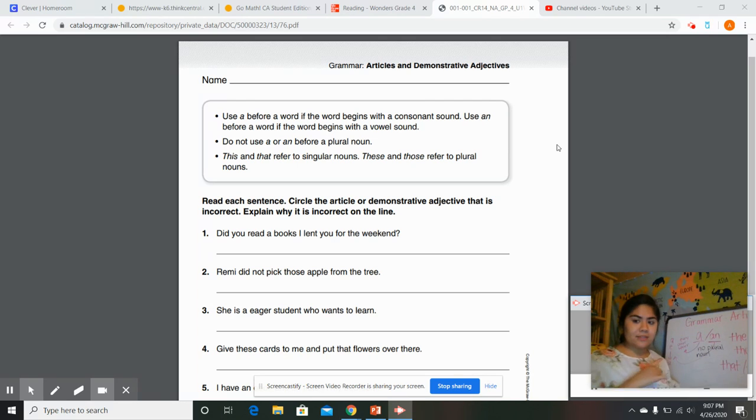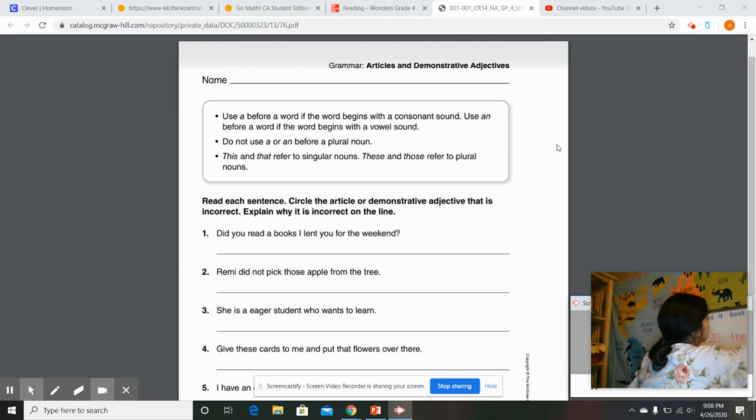So I'm going to erase this now, or actually I won't erase it. I'll erase the timer. And this is what I want you guys to do. Did you read a books I lent you? And then the rest of the sentence.